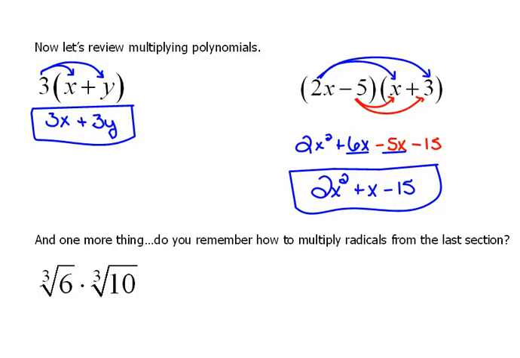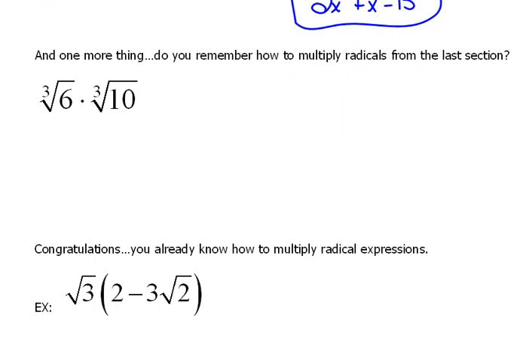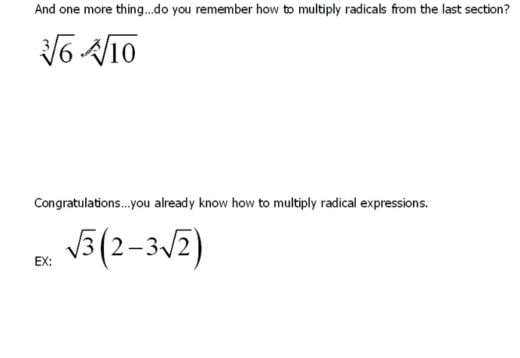Okay, and then one last thing before we start in here. We have actually already multiplied radicals. We found when we were doing that all we had to do was multiply, and we could do it as long as the index was the same, and then we just multiplied the radicands together. So this became the cube root of 6 times 10, which is 60.